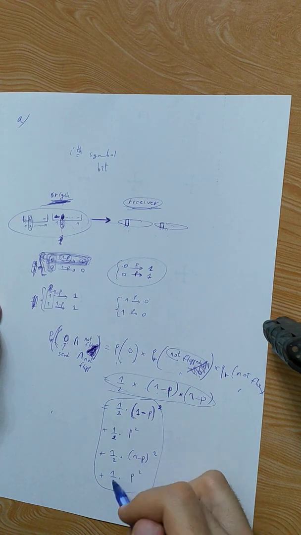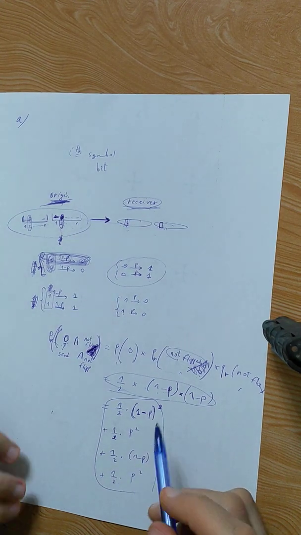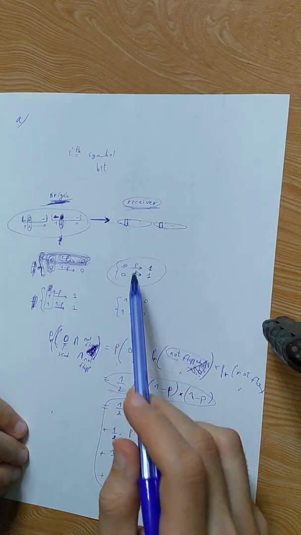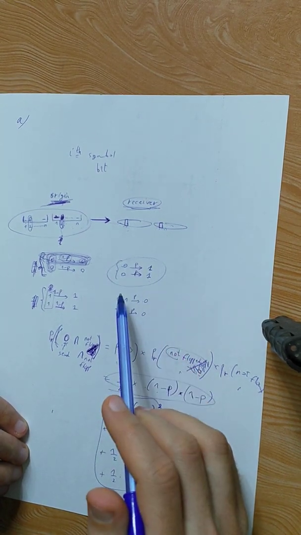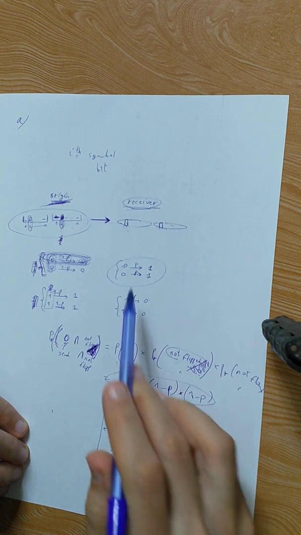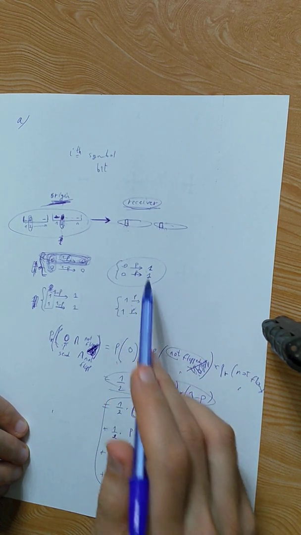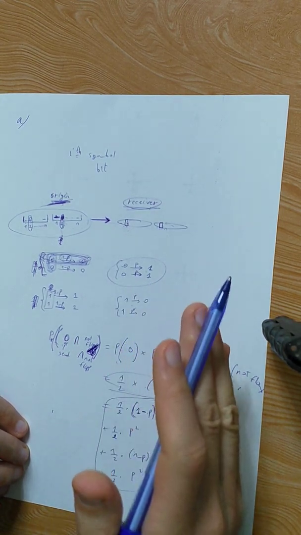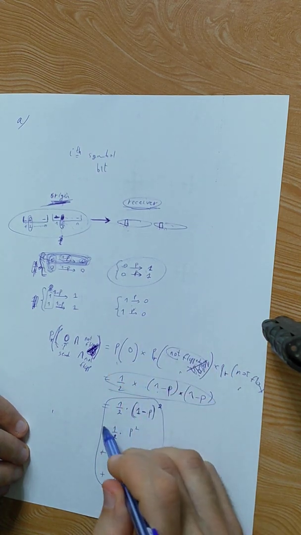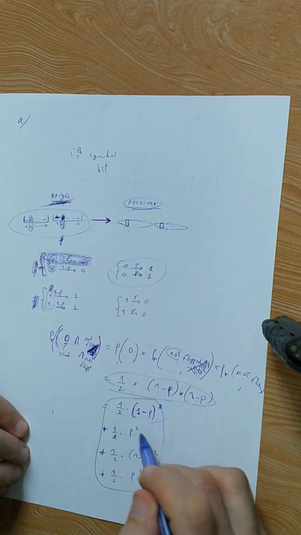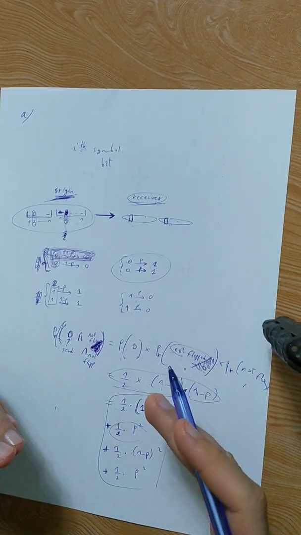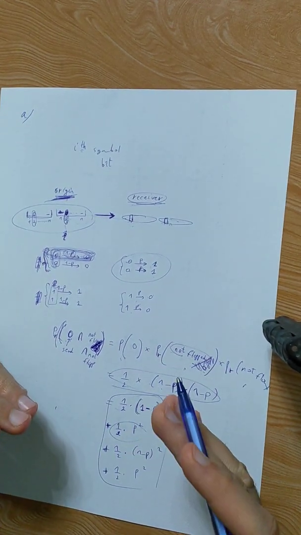I know it is correct to add them, but shouldn't we say that they must be disjoint? I mean, they cannot happen at the same time. This is what I want to say. Because why can we add probabilities together? Because this thing and this thing cannot happen at the same time. They cannot intersect.